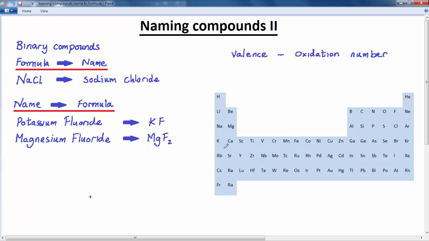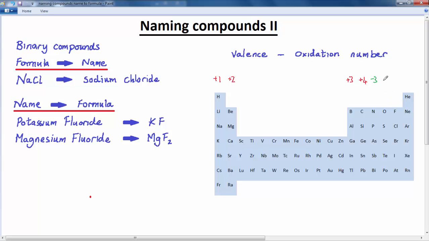We will find that the group 1 elements all have an oxidation number of +1. The group 2 elements will have an oxidation number of +2. Group 3 will be +3. Group 4, +4. Now the group 5 elements will have an oxidation number of -3.